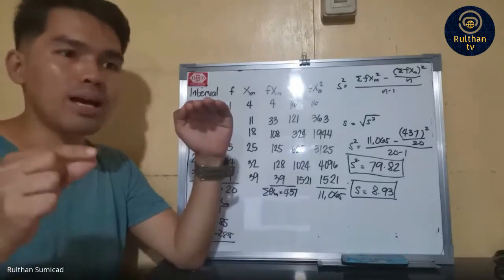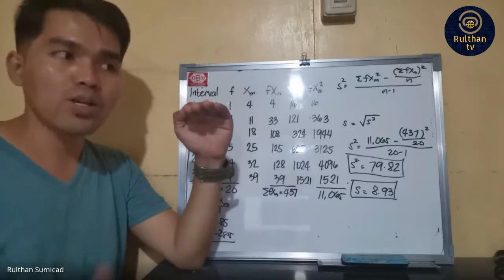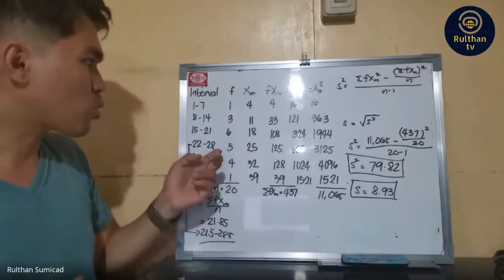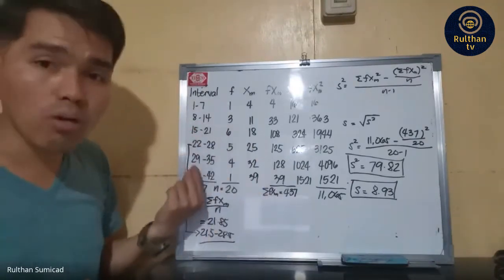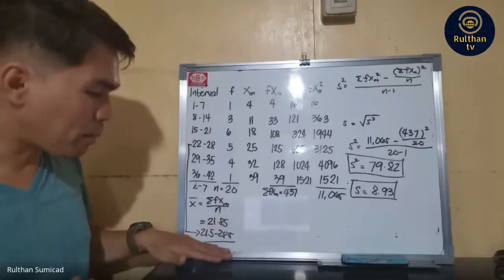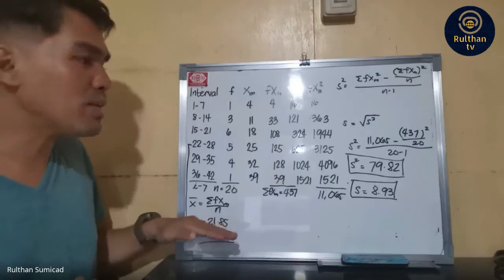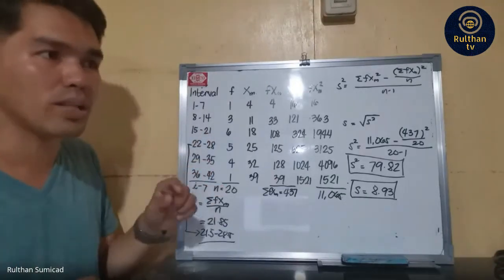A z-score is a score that is transmuted in terms of standard deviation. So that when you have, for example, a score of 21, you will know how many standard deviations 21 is away from 21.85, the mean.